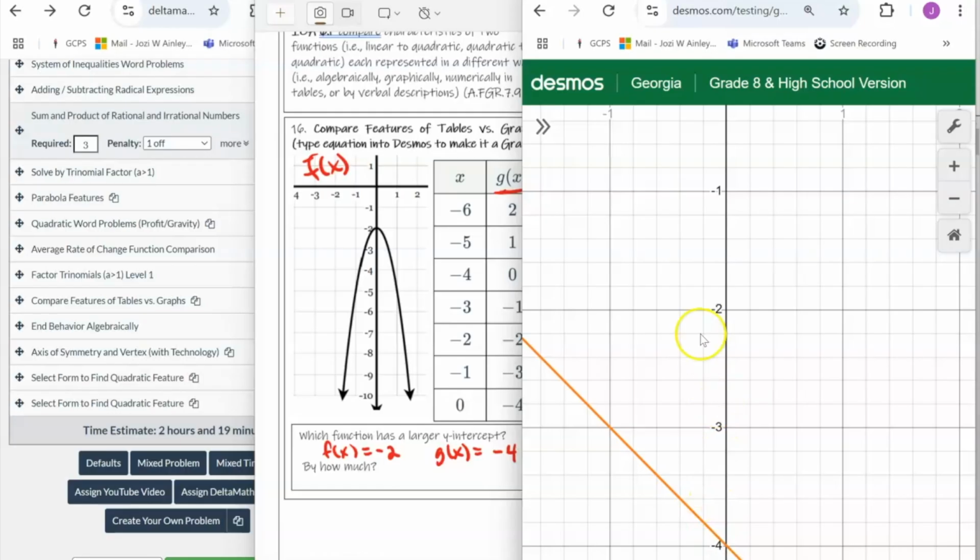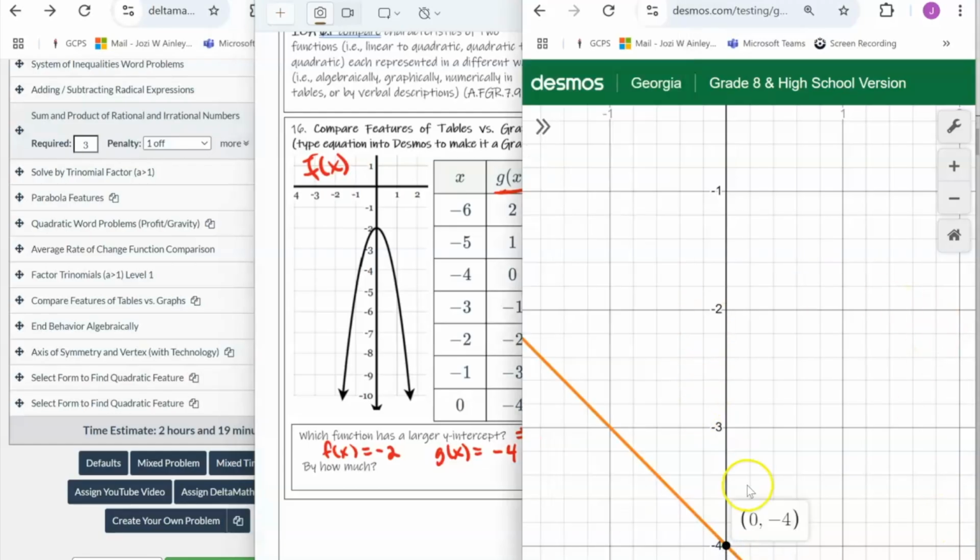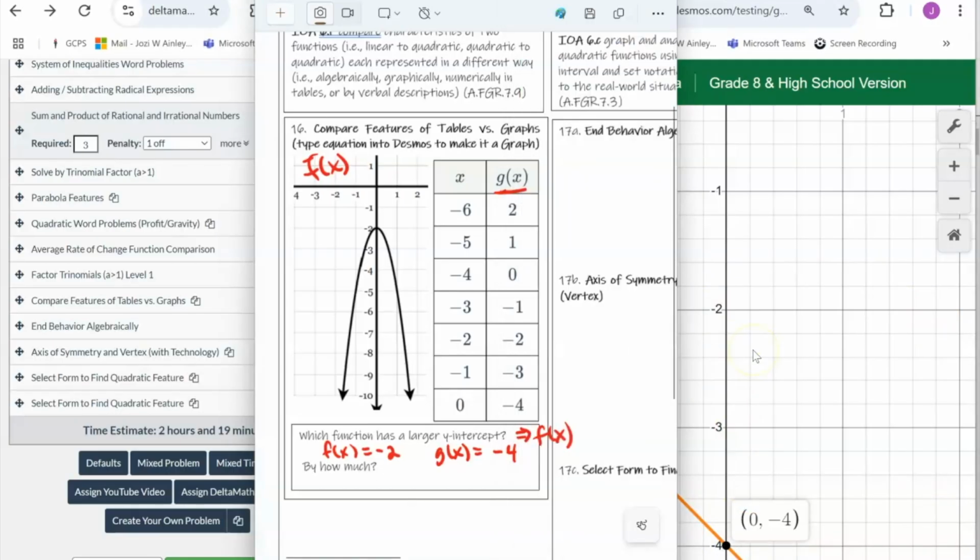Which one is bigger? Well, the one that's higher up is bigger. So -2 is bigger. So which one has a larger y-intercept? It's going to be f of x. And by how much? If it's here and I need to get to -2, I'm going to go 1, 2, so by 2.